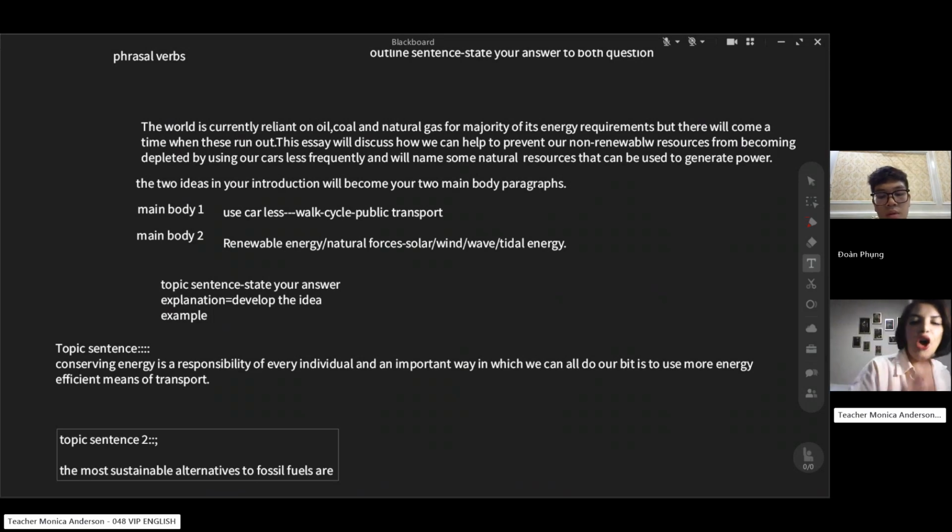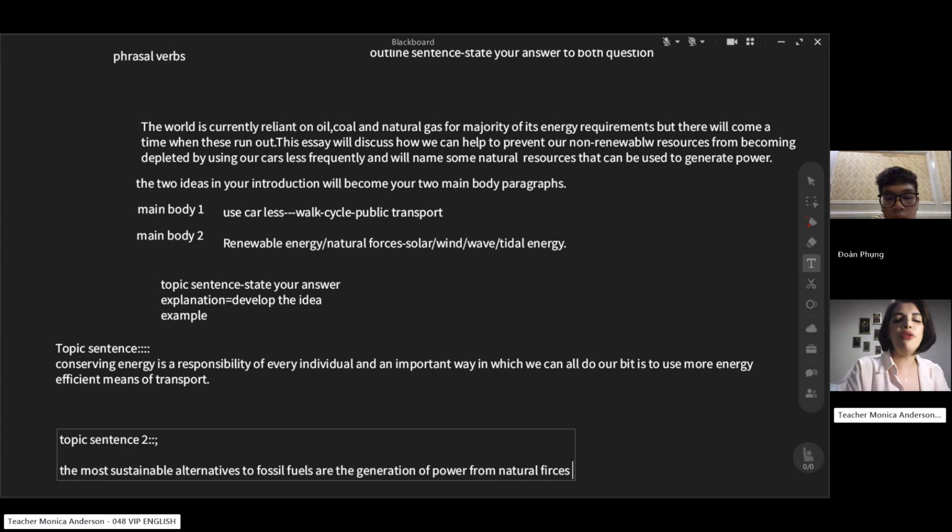So we can say they are the generation of power from natural forces. Natural forces such as, when we say solar, of course, the sun, wind, and of course we have wave and tidal, that is ocean.